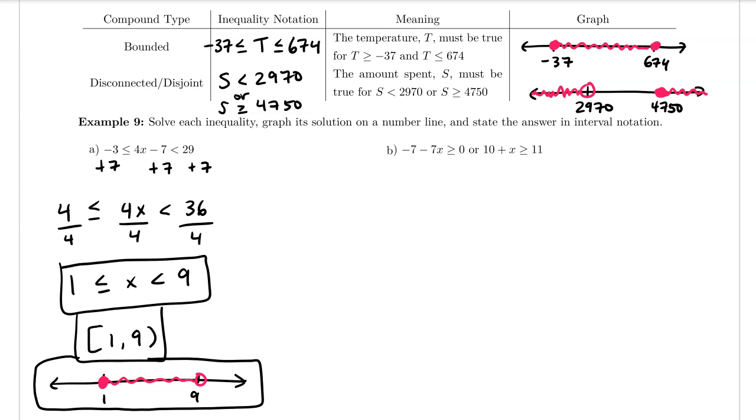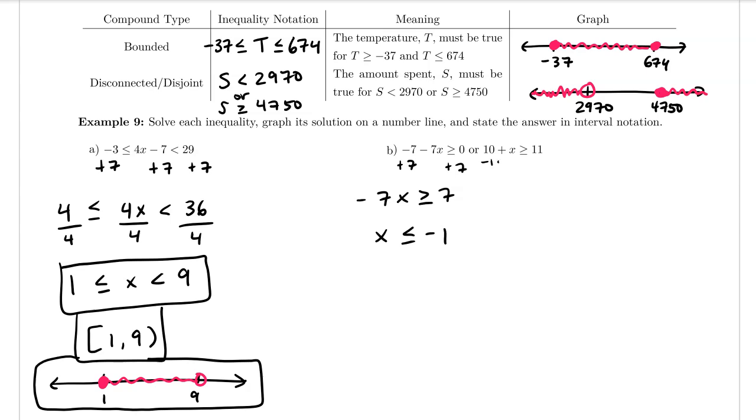For part B, we have negative 7 minus 7x is greater than or equal to 0, or 10 plus x is greater than or equal to 11. So notice here that we have two separate inequalities, and so I'm going to solve them individually. Here I'm going to add 7 to both sides, and we get negative 7x is greater than or equal to 7. Now I'm going to divide both sides by negative 7, and when we divide by a negative, we have to flip the inequality sign.